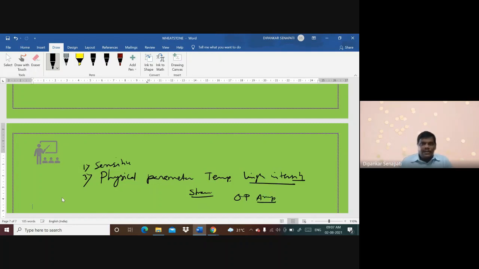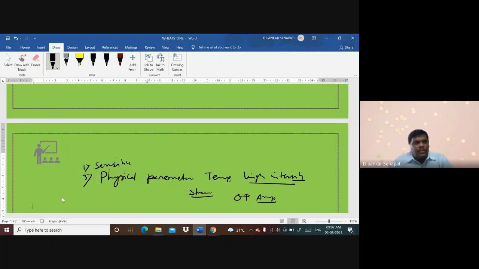If we connect this, it means this can be used as a sensor, right? We can use an op amp to find temperature, light intensity, strain, all these physical parameters. So, Wheatstone bridge is of great help in the measurement of physical quantities, especially in electricity.